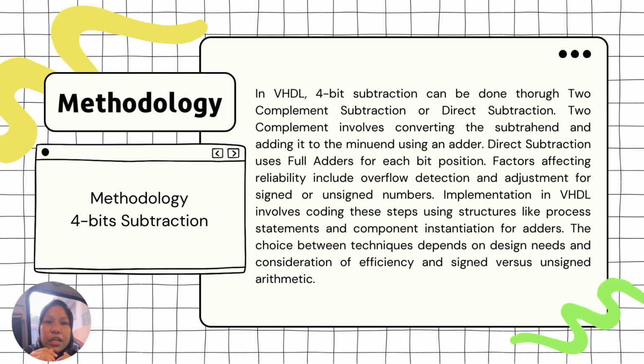Factors affecting reliability include overflow detection and adjustment for signed or unsigned numbers. Implementation in VHDL involves coding these steps using structures like process statements and component instantiation for adders. The choice between techniques depends on design needs and consideration of efficiency, signed versus unsigned arithmetic.